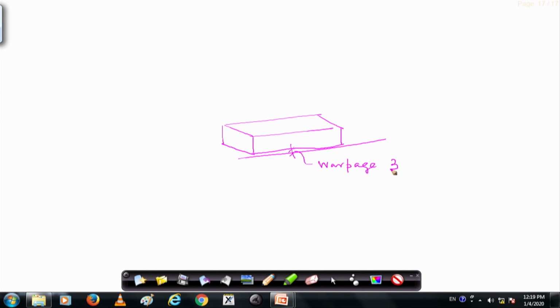So, you can allow up to 3% may be allowed. 3% means with respect to this height, 3% of warpage may be allowed, but first class brick does not have any warpage. It may happen in the upper direction also. So, it may be convex or concave. So, this shows what the warpage is.